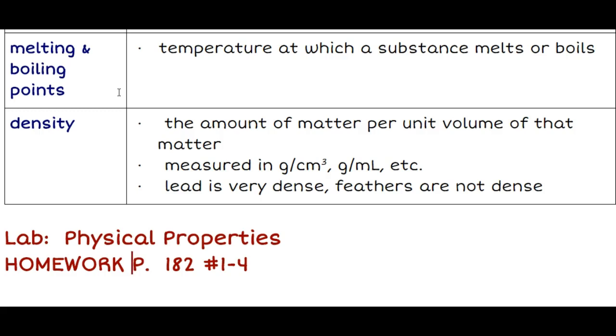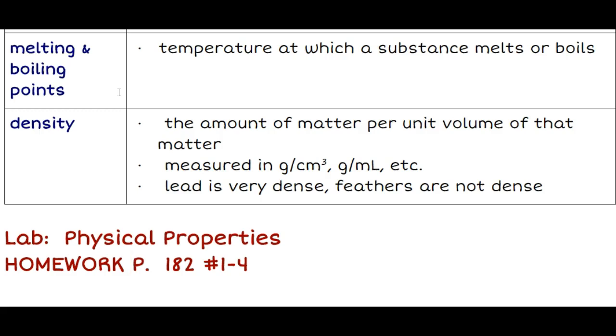So for example, in today's experiment with the ethanol and the water, ethanol, I believe, has a boiling point somewhere around, I want to say, 78 degrees Celsius, whereas water boils at 100 degrees Celsius. And so just that sheer difference in boiling points would allow us to differentiate between water and ethanol.